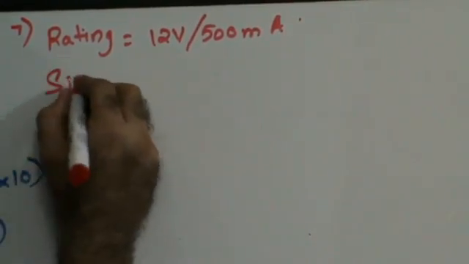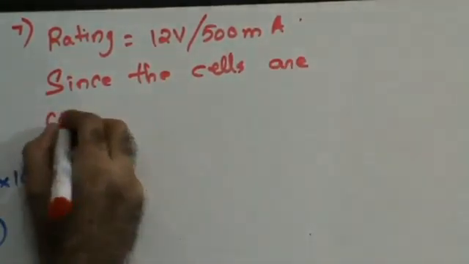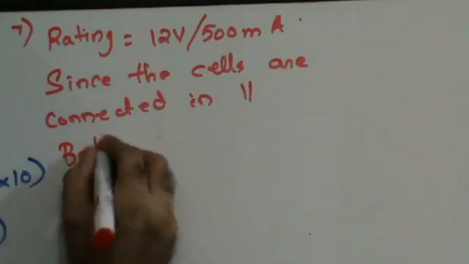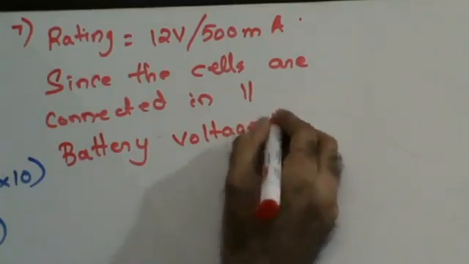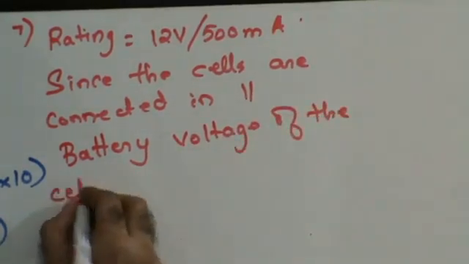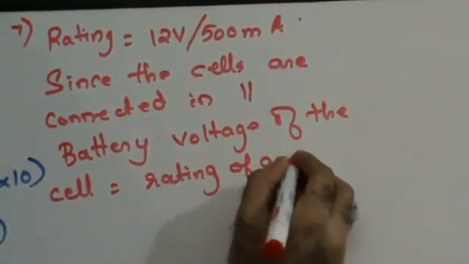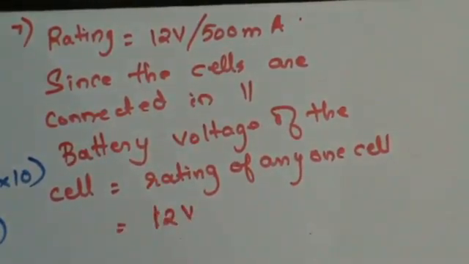Now, since the cells are connected in parallel, therefore the battery voltage will be the same as the rating of any one of the cells. So that will be 12 volts, right?